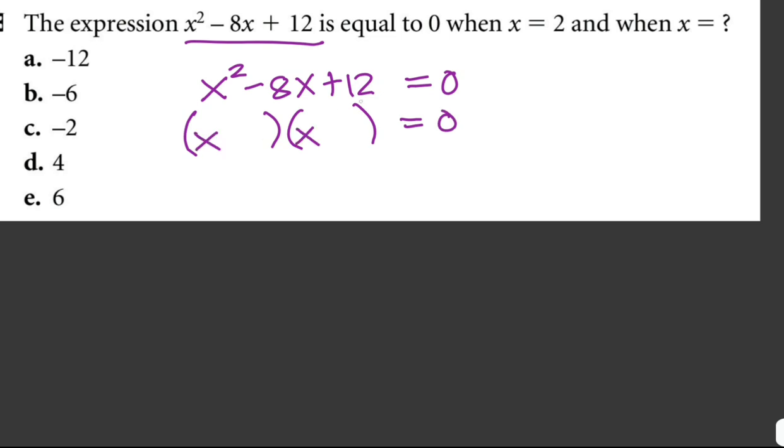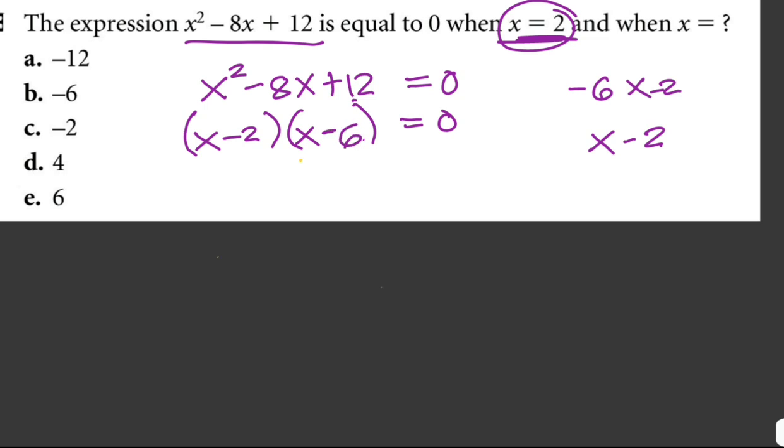We look for factors of 12 that when we multiply them, equal positive 12, and when we add them, equal negative 8. So we can try negative 6 and negative 2: x minus 2 times x minus 6. Anyway, we're already given x equals 2 here, so one of the factors would be x minus 2.